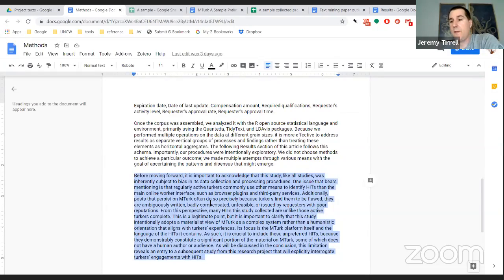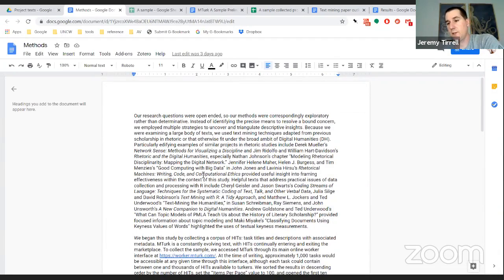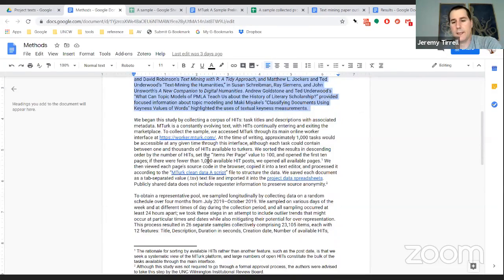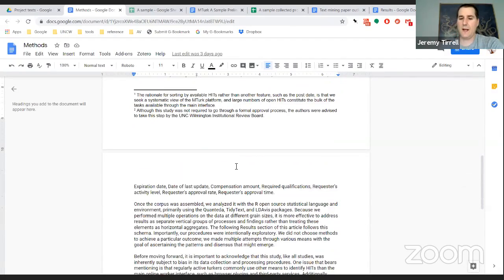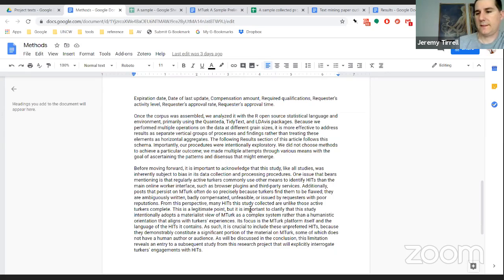Anyway, that's what the methods section does. It sets up data collection. It does the work of a sort of lit review, tersely, explaining why what we're doing is appropriate. It walks through how we actually collected the material, and it gives an acknowledgement of limitation, or if limitation is too pejorative, a consequence or implication of the choices we have made.